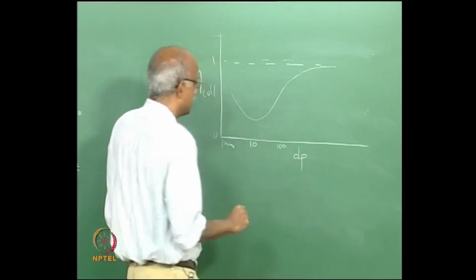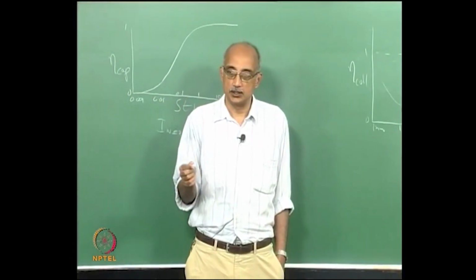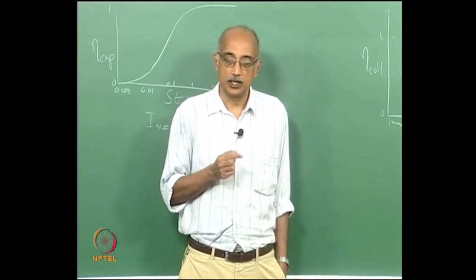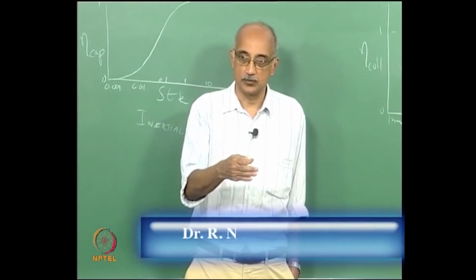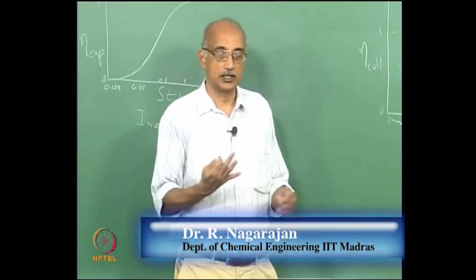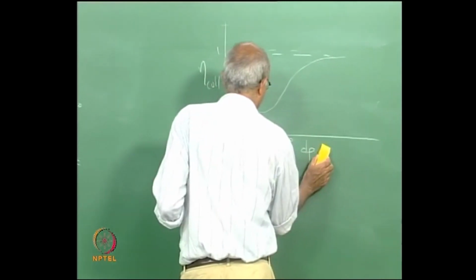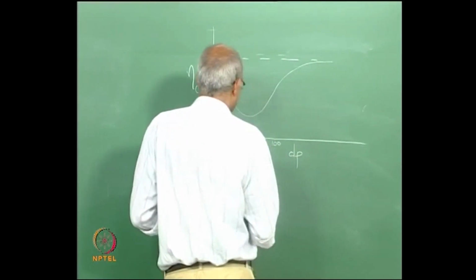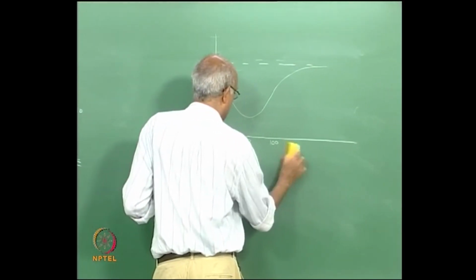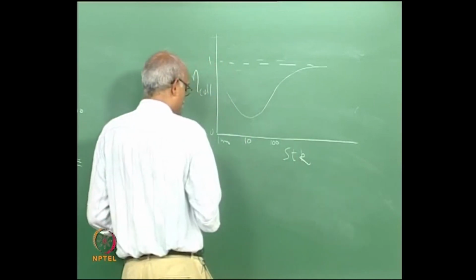And then as you keep increasing the size, let us say that this is 10 nanometers, 100 nanometers and so on, you actually get a reduction in overall collection efficiency for a size that is slightly below 0.1 microns, because inertial effects have not set in yet, because as we have seen before, inertial effects start to become important when you start exceeding a Stokes number. Sorry, if you write this in terms of the particle diameter, that is probably not a good measure. Let us go back to our Stokes number representation.